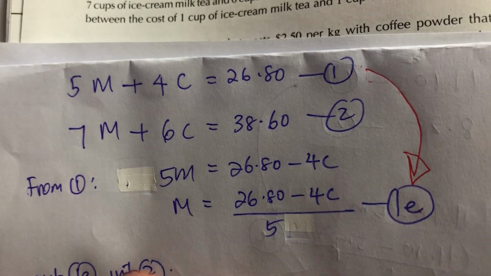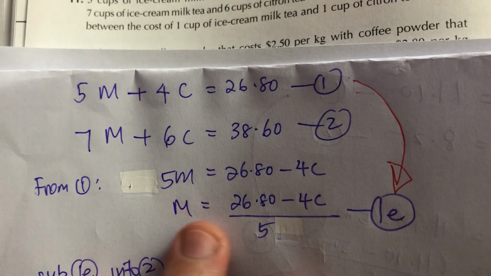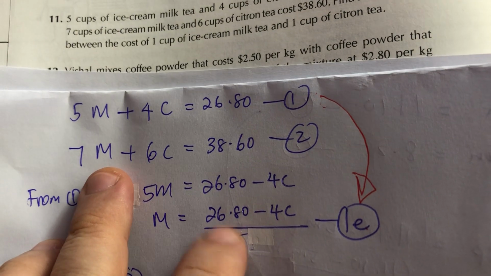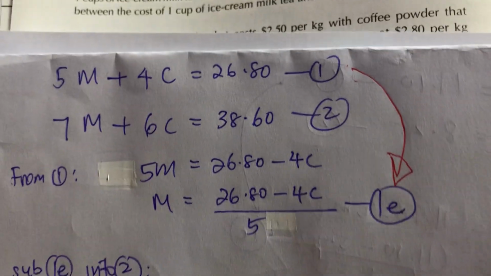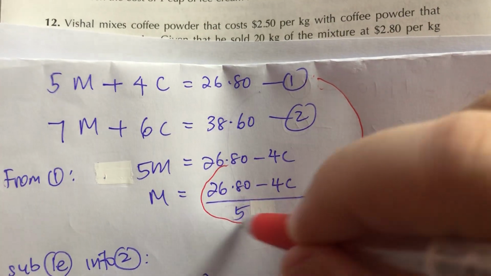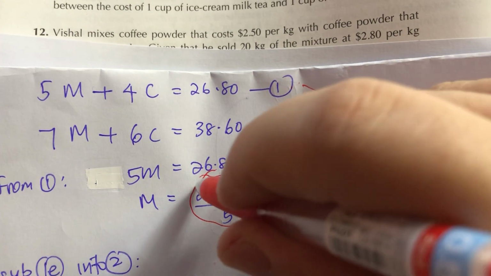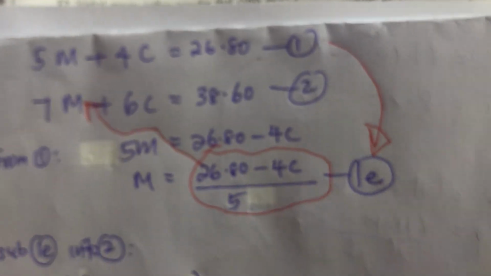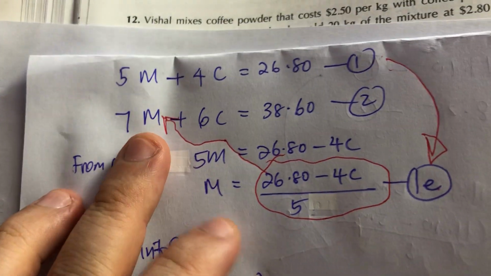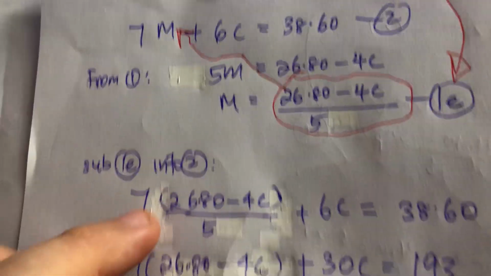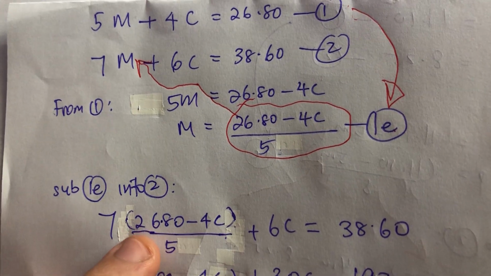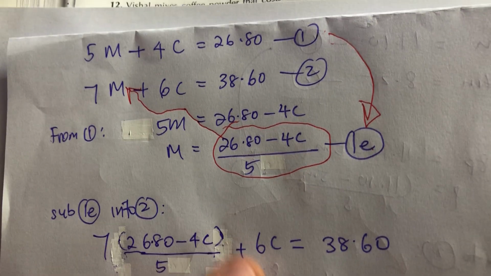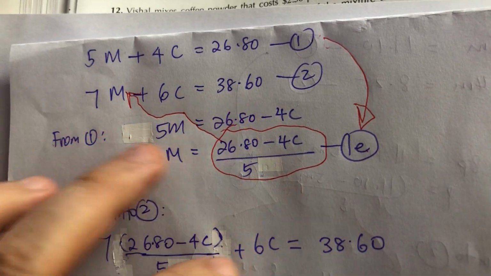I now need to substitute this whole thing into the other equation that I didn't use, which means this whole thing here goes into here. Replace this M with this whole thing, which is what I'm going to do here. The rest remains the same.